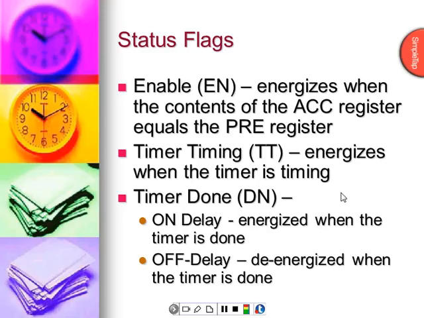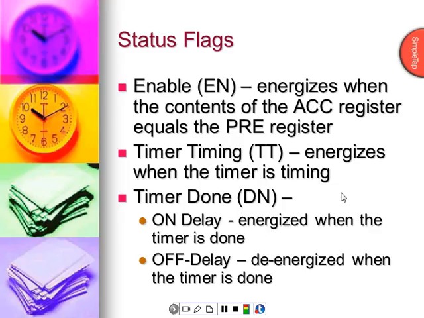So if I need to reset it or do whatever, the example we had earlier about the motor that shuts off every 2 hours or whatever, I might want a red light to come on whenever it's done. It's kind of like a red flag saying, hey, it's time to come clean this machine.